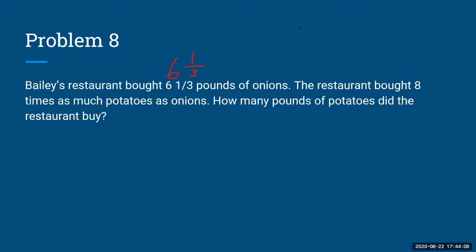Now you're being really nitpicky, really specific about your details. Yes, that's true. What I wrote back there was not right. You can keep it improper. You can do a mixed number. I don't care. I did an improper fraction in my answer, but same thing.